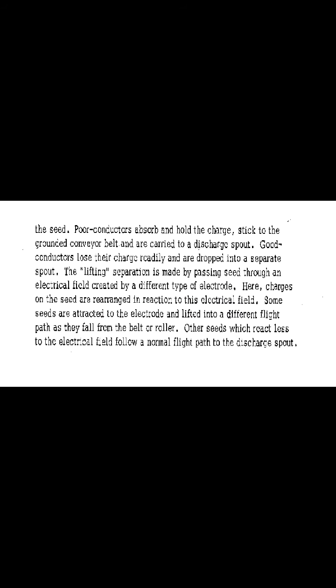So this is the schematic diagram of a belt type electrostatic seed separator. This is the feed hopper, then the seed conveyor belt, then the electrode, and different adjustable dividers giving different discharge spots. Generally there are two types of electrostatic separator, the spinning type mechanism and the lifting type mechanism. Generally the belt conveys the seed passing through the electrodes.